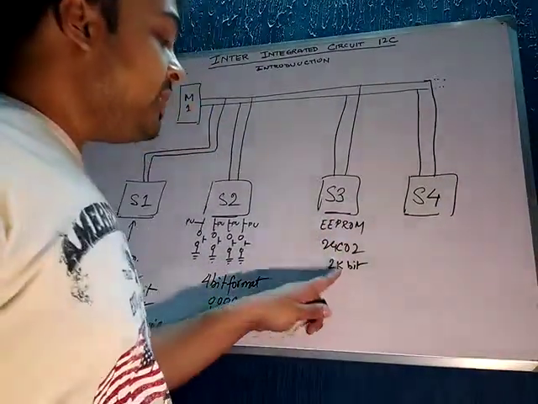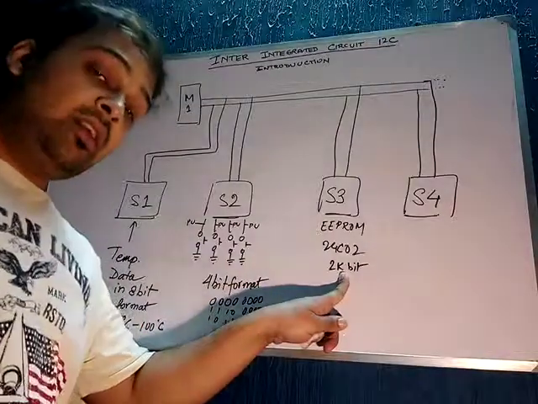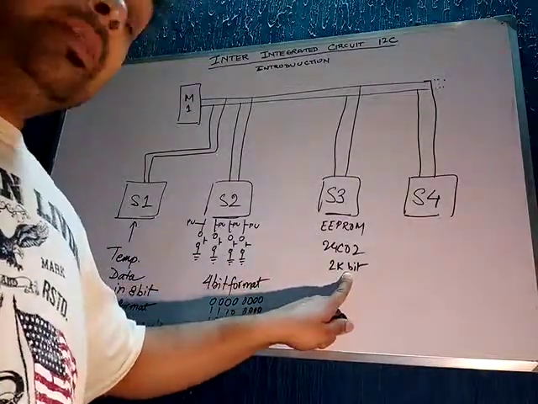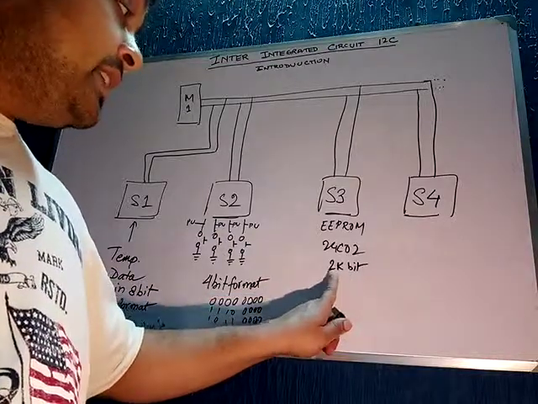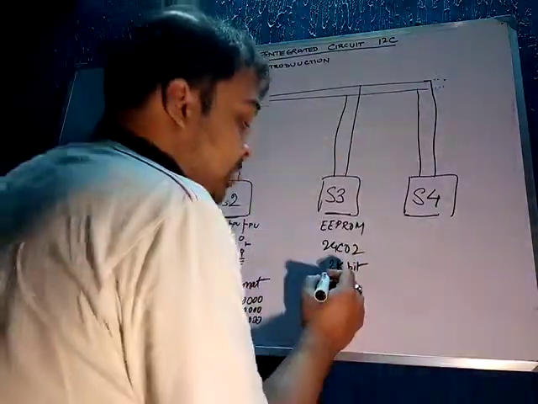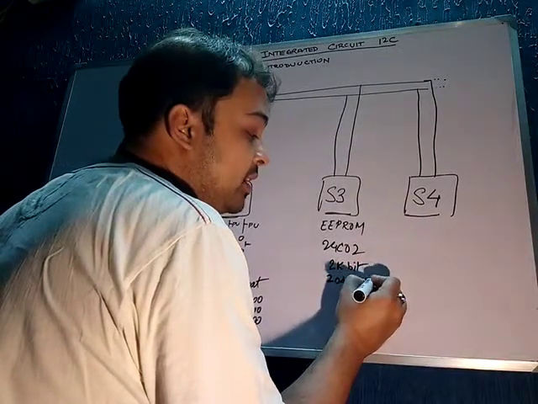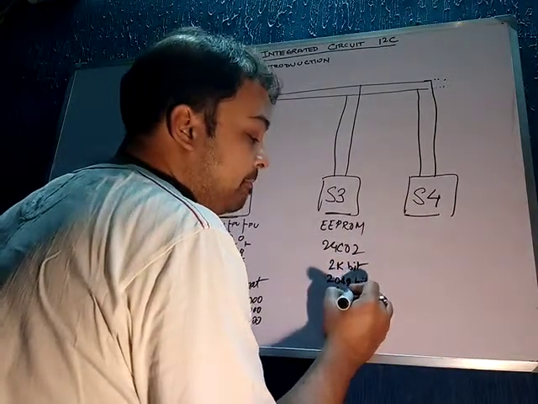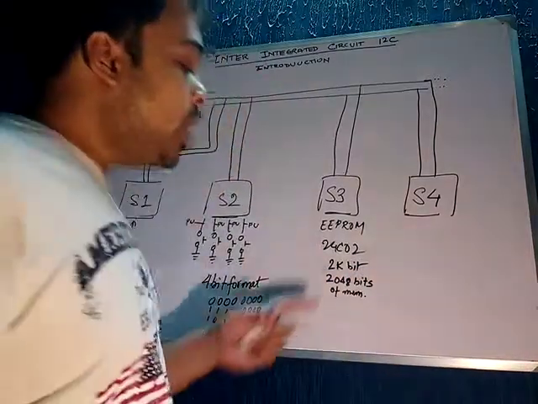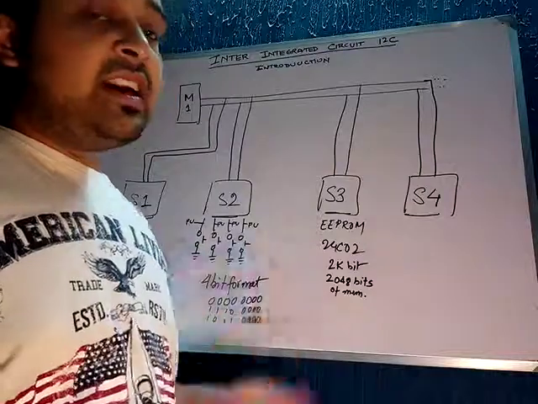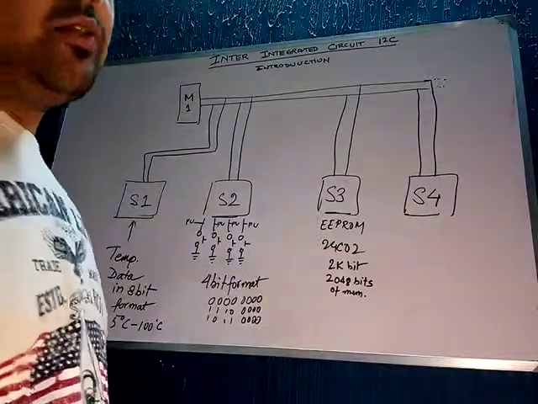Now here is something I want to clarify. 24C02 is a 2K bit EEPROM. What is a 2K bit EEPROM? It means that it has 2K, that is 2048 bits of memory. So 2048 bits of memory, if you divide it by 8, will actually give you how much?